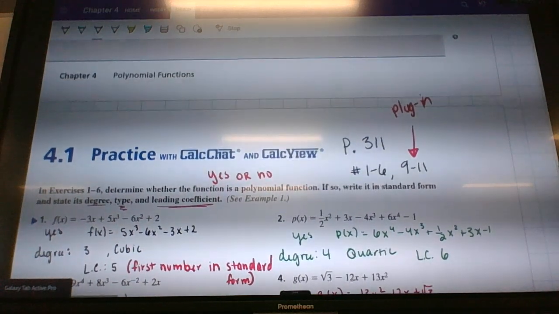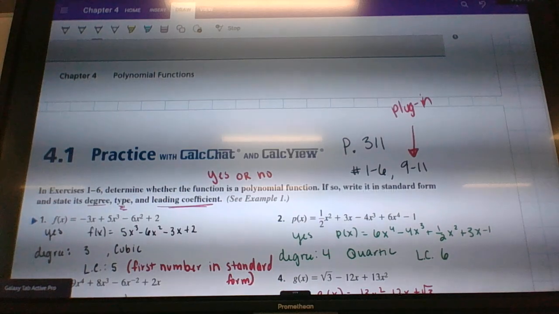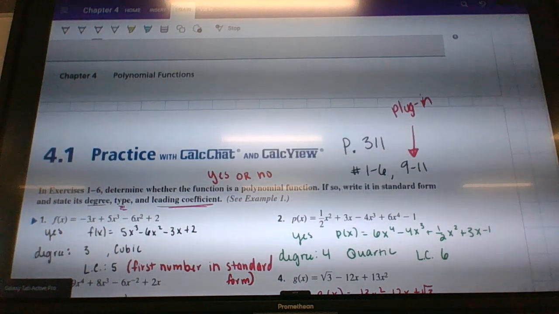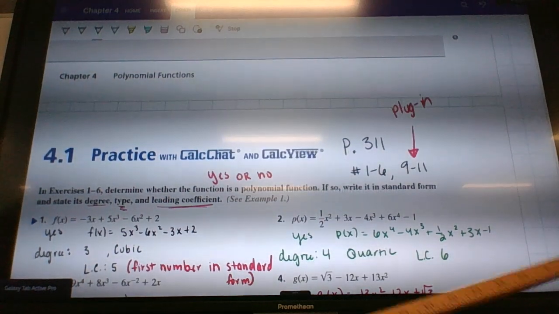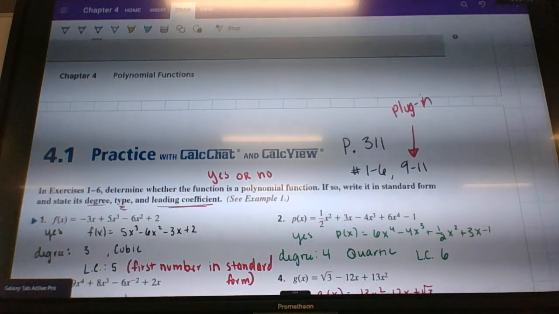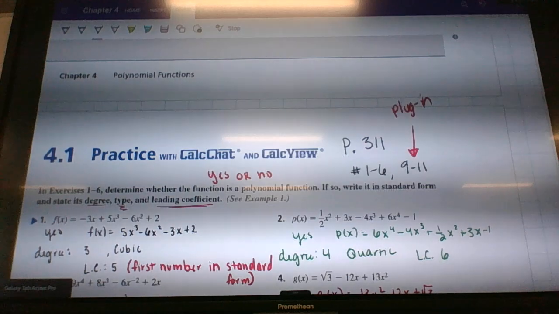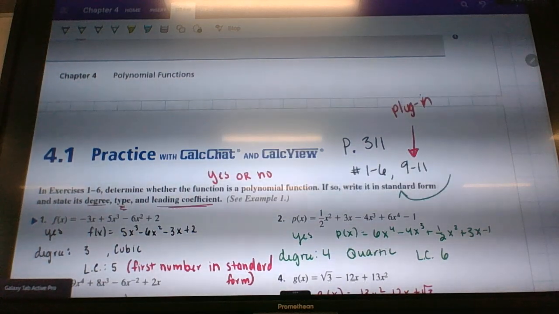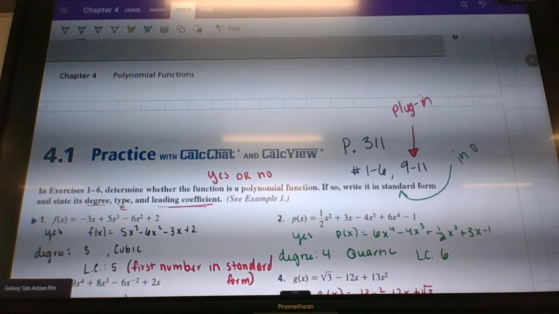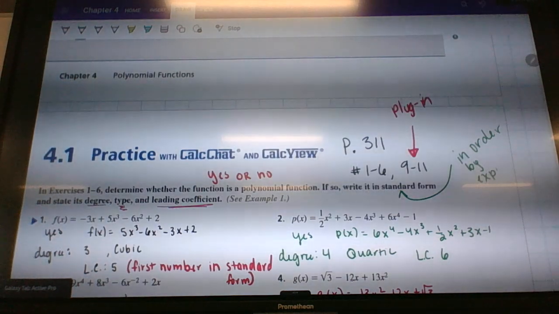So you're going to say, is it a polynomial, yes or no? You're going to write it in order. So standard form means in order by exponent.